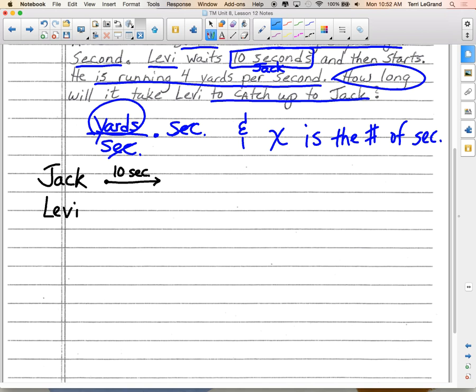And what's going on after that 10 seconds? Levi starts running. Levi starts running, doesn't he? Mm-hmm. So this is Jack running for 10 seconds, and then Jack is going to run. Does he keep running? Yes, he keeps running. And that's going to be our, we don't know how much longer, right?